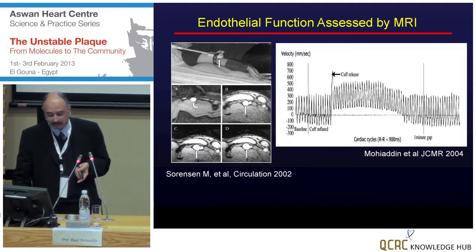At the same time, because the factor inducing all this is the blood flow, you can measure instantaneous, real-time blood flow before application of the cuff and after the release of the cuff until it returns to the baseline level. And that makes it a very powerful, very versatile tool, because you can measure both the factor which produces the flow-mediated dilatation and the dilatation itself.